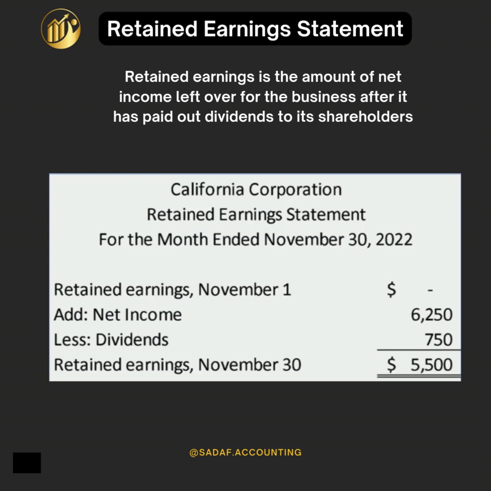Recall this 6,250 came from the net income on the income statement. Then we subtract our dividend of 750. Then we have ending retained earnings at the end of November 30th of 5,500. Keep note of that number because it will flow into our next statement, the balance sheet.